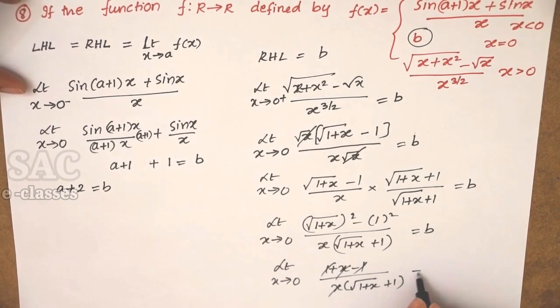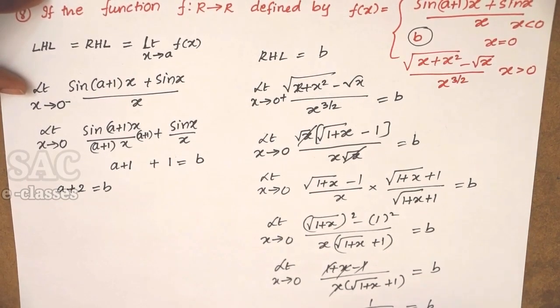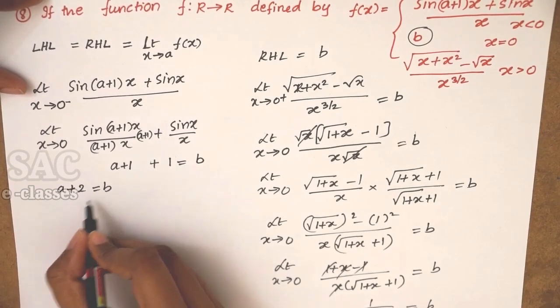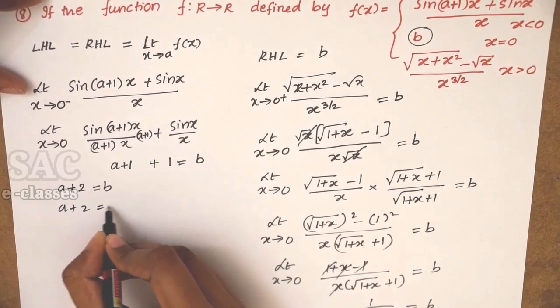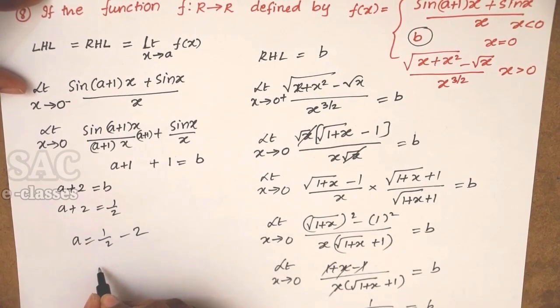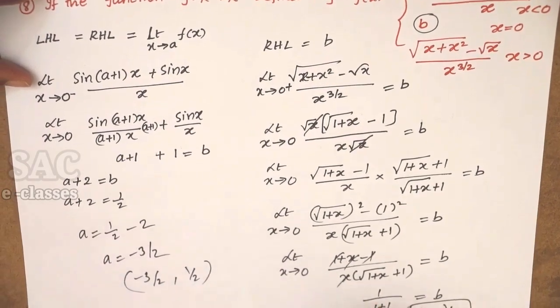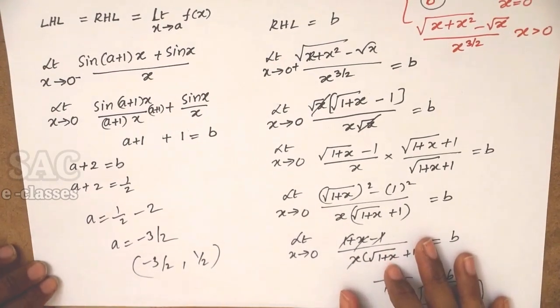Getting cancelled, apply the limit: 1 by 1 plus 1, where b is equal to 1 by 2. Just substitute that value here, a plus 2 equal to 1 by 2. Then a is equal to 1 by 2 minus 2, where a is minus 3 by 2. Then the ordered pair (minus 3 by 2, 1 by 2) is the required ordered pair of (a, b).